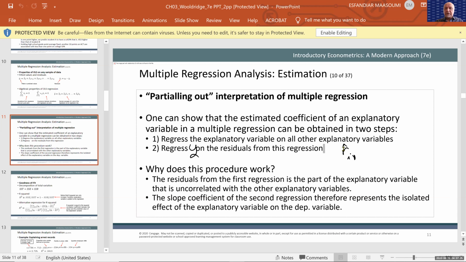So it's uncorrelated with those other x's. And so I am regressing y in the second step on a purified, expunged x1, controlled for the influence of the x2's. What influence? Whatever influence I think they should have in the regression. I projected them out.